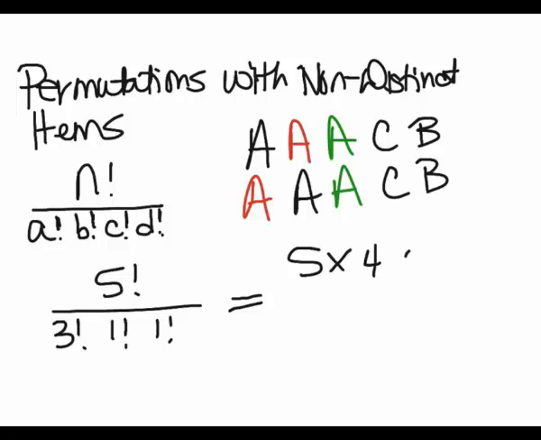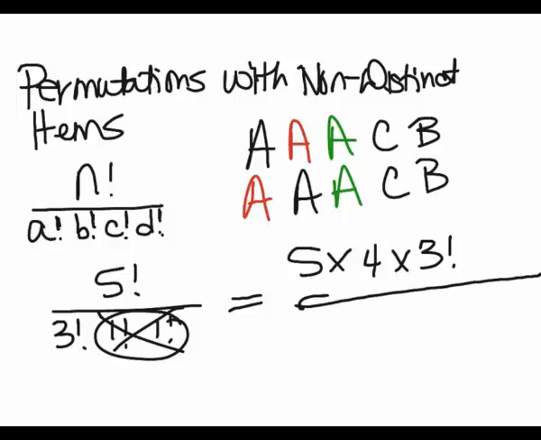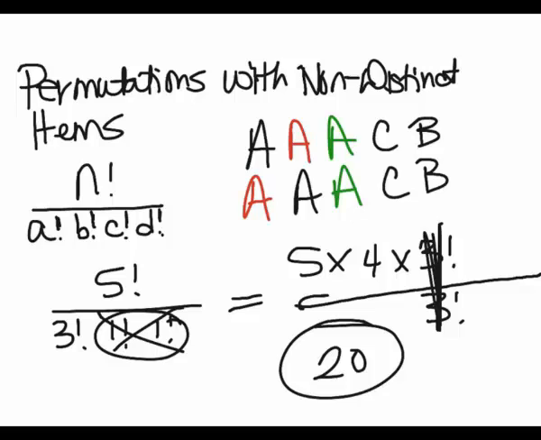So it's 5 times 4 times 3 factorial, because we all know that 1 factorial times 1 factorial is 1, so that's nothing. So it's 5 factorial over 3 factorial. So on top I have 5, 4, 3, 2, 1. Well, on bottom I have 3, 2, 1. So the 3 2 1s are going to cancel out. So then the answer is 20. I would have 20 different permutations because these would count as the same.